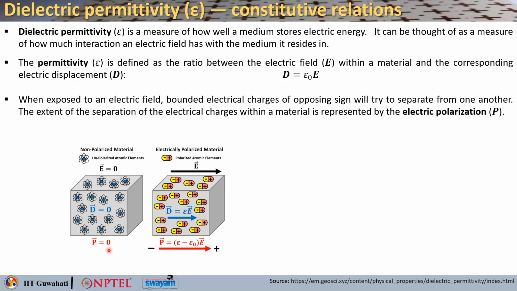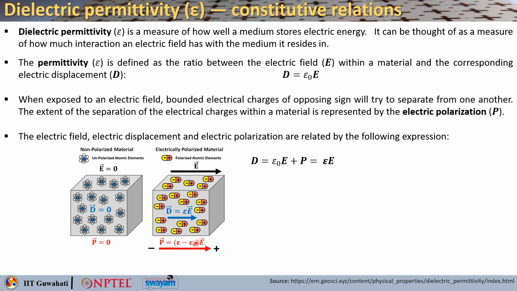So, the polarization is 0, overall electric displacement is also 0, but then if you have some external electric field, okay, you will see that the polarization is taking place. So, the displacement can then be written as D equals epsilon E, and because of this polarization, it can be written as P equals epsilon minus epsilon naught into E.